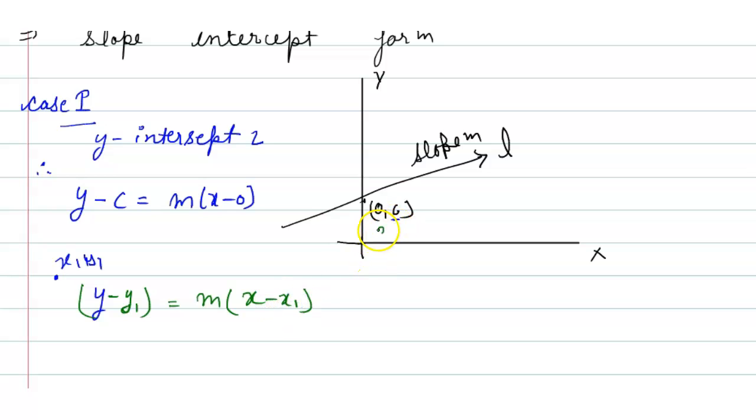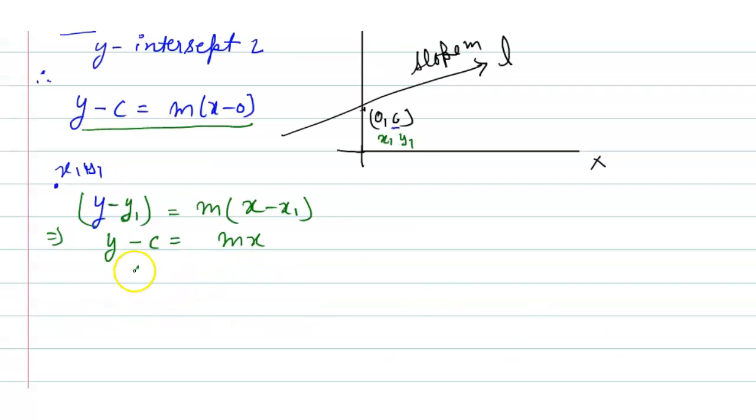So x1 is 0 and y1 is c. Now further simplify, we will get y minus c is equal to mx, and so y is equal to mx plus c. This is the equation of the line.